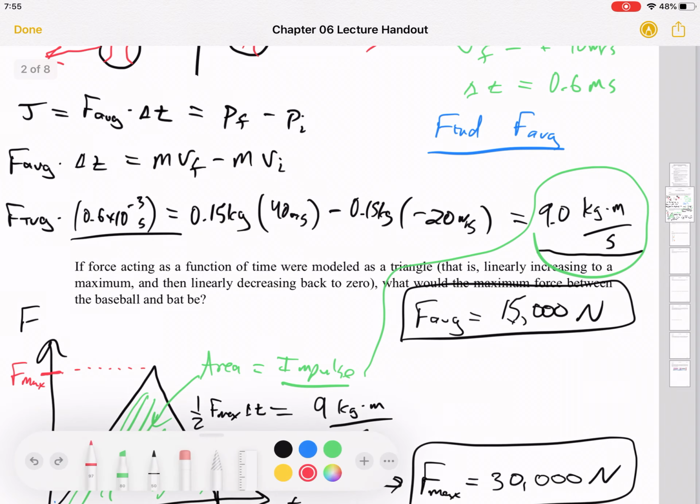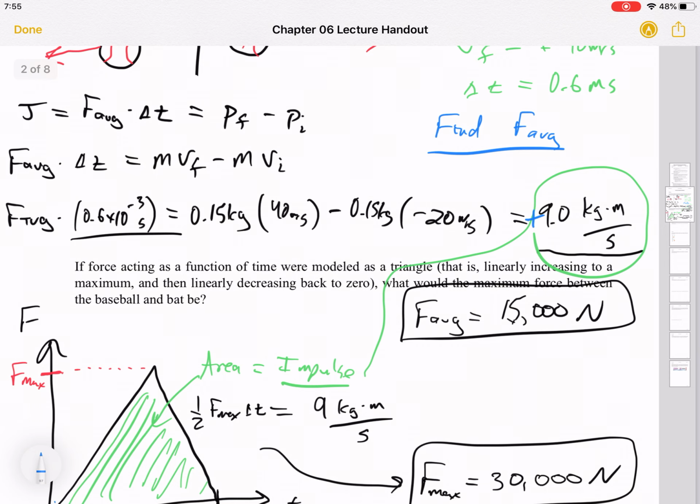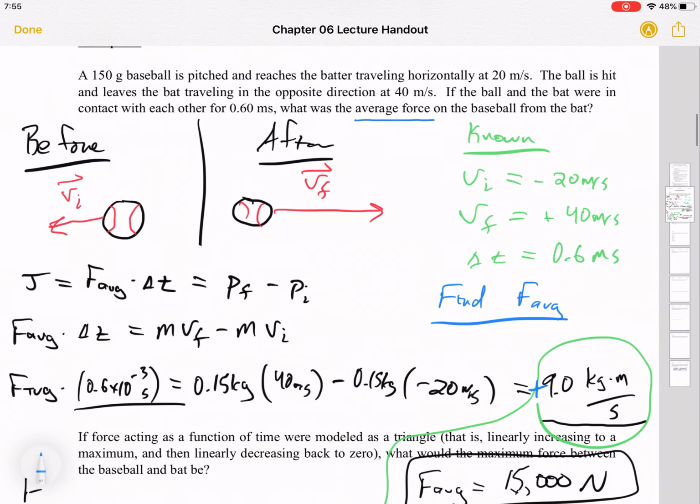And in fact, you see here that the direction of the impulse is positive, meaning the force must have been to the right, because impulse is the same direction as the average force. And that makes sense. For this motion, the baseball bat had to have applied a force to the right to make this happen. So we will see more examples of the vectorness of impulse and how it relates to momentum in the future.